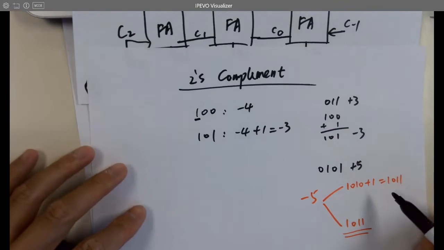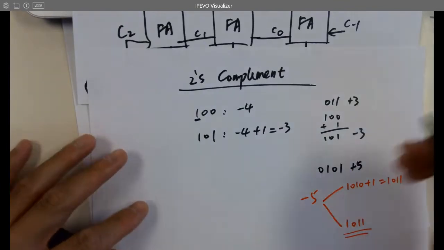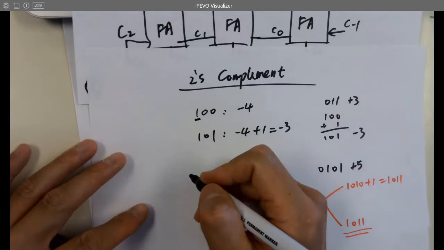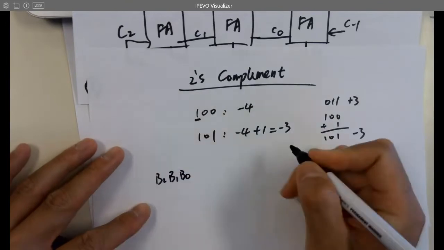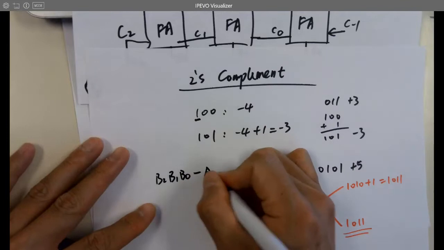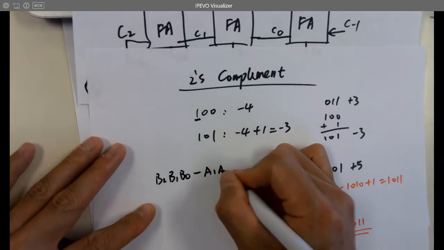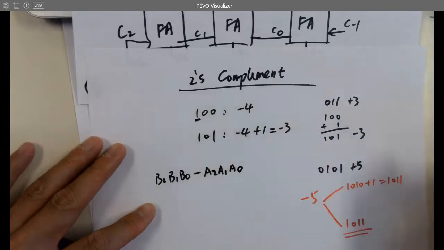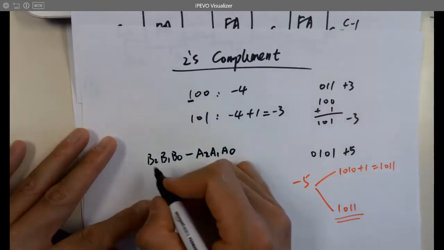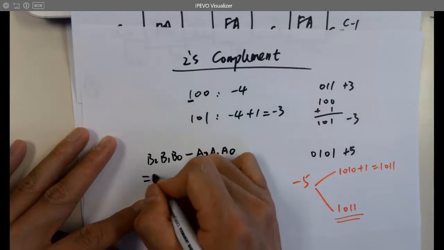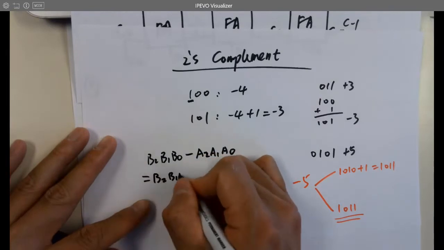So how can we convert a number into a negative number in order to do a subtraction, right? So it's going to be B2, B1, B0. This is what I want to do in the computer.